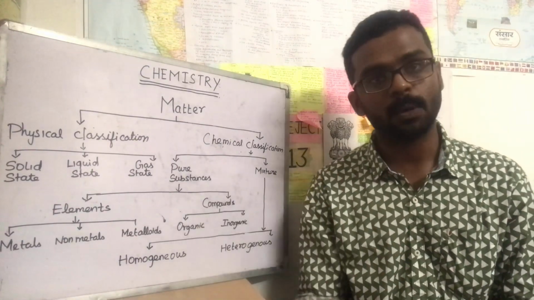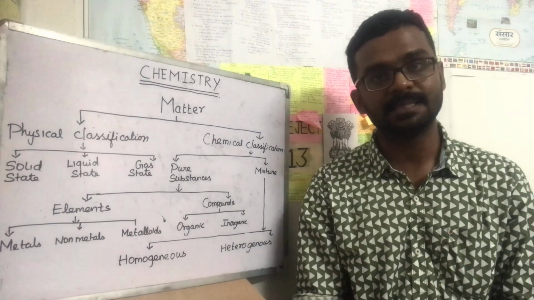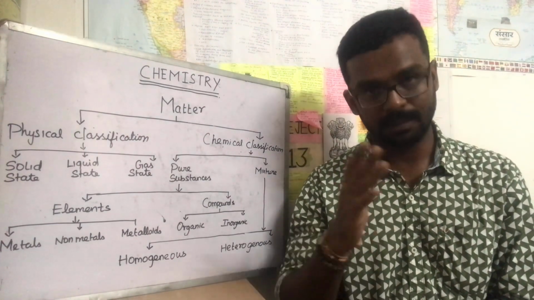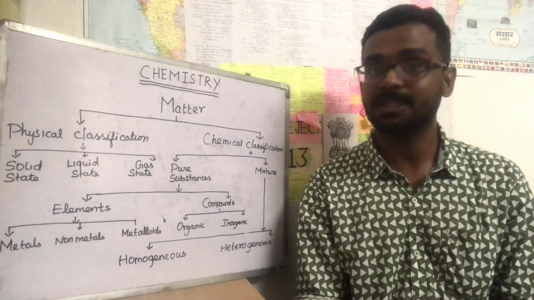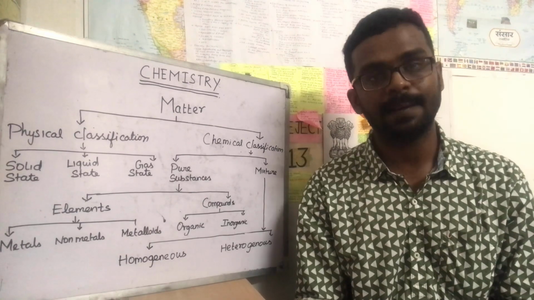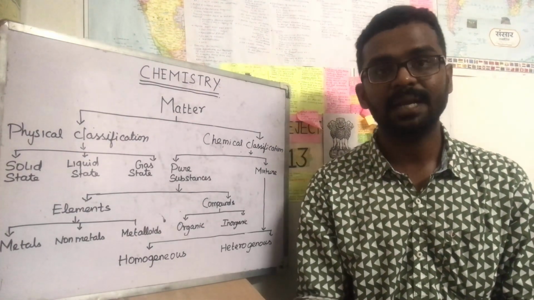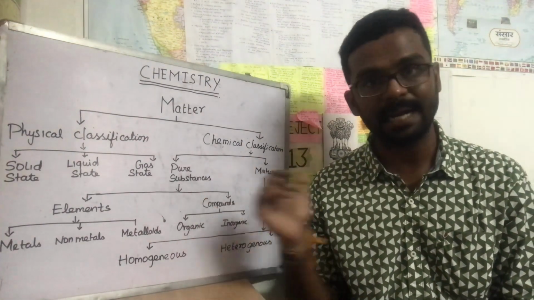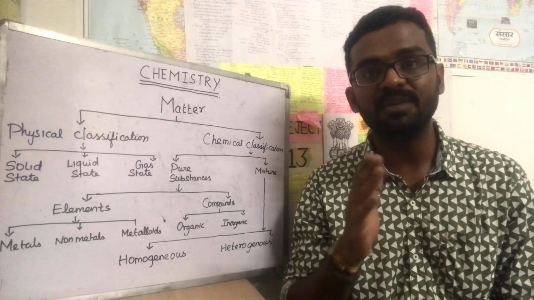Let's go for compounds. A compound is a pure substance that has two or more elements in a fixed proportion by mass. For example, water, salt, etc. It has two types: organic compounds and inorganic compounds. Organic compounds are made up of living sources.